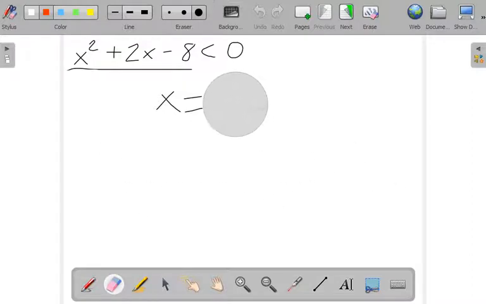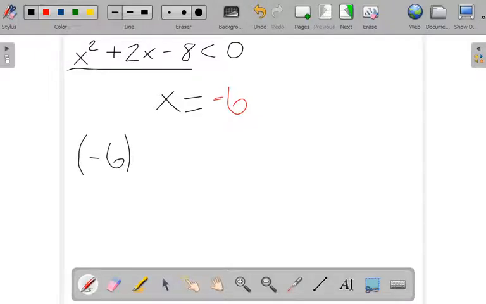So if we set x equal to negative 6, we substitute that in. So negative 6 squared plus 2 times negative 6 minus 8.